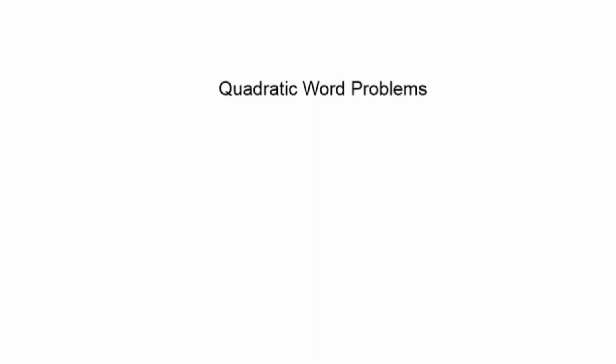For example, if you see the words max or min, or if you read maximize something, minimize something, this means that we're talking about the vertex. So you need to either convert the equation of the quadratic function into the vertex form or determine the vertex algebraically using other methods.